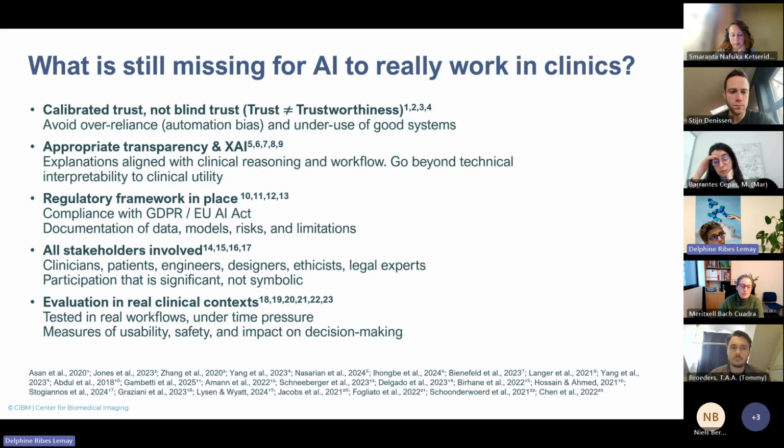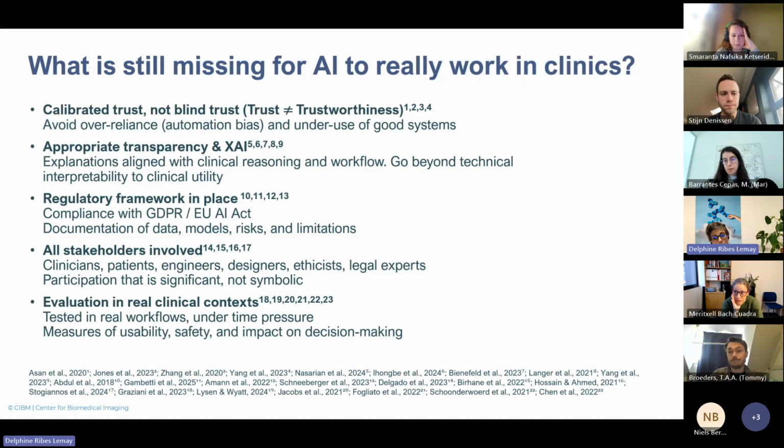We also need to develop what is called appropriate transparency. Currently, the literature shows that explainable AI focuses mainly on technical details. But clinicians don't need technical details. They need explanations that fit their reasoning and workflow, especially because they are under a lot of pressure.